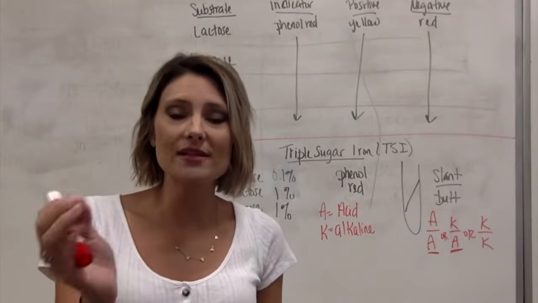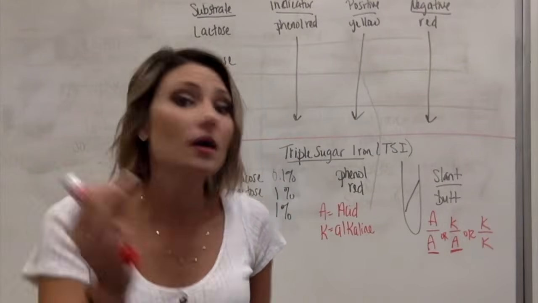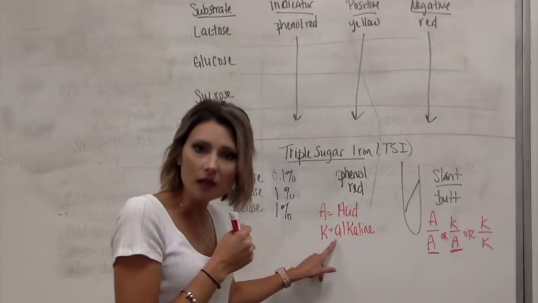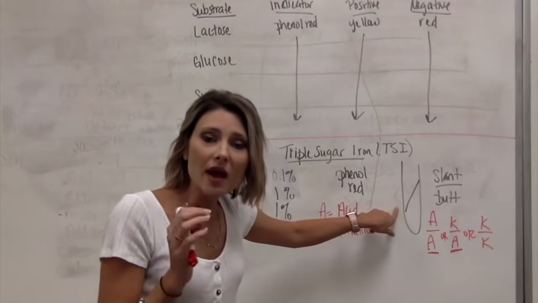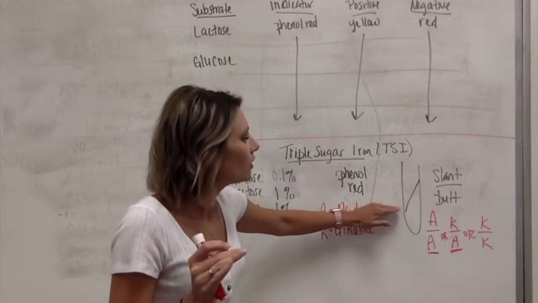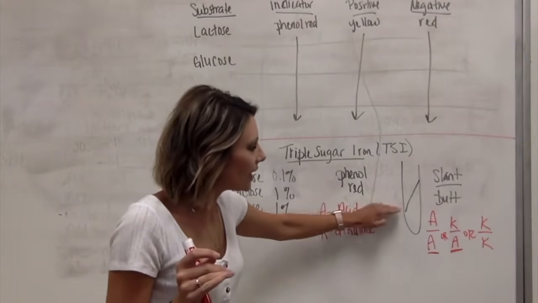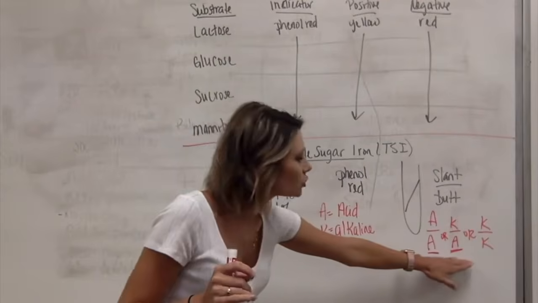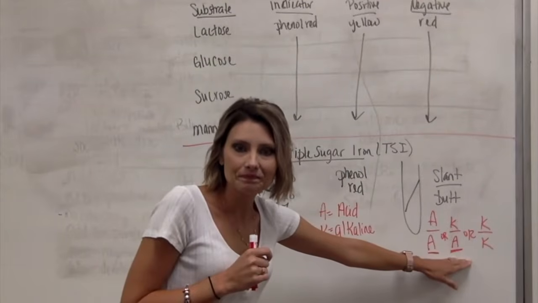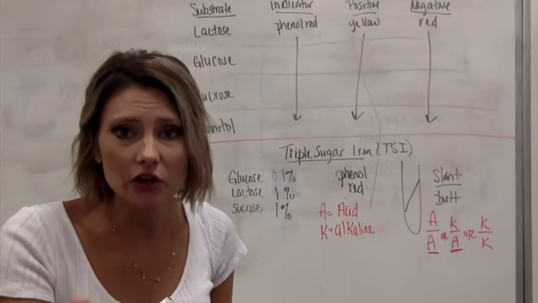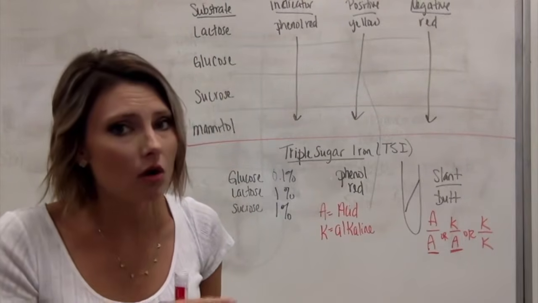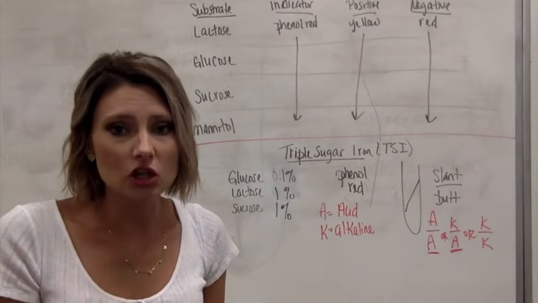So you're going to get those basic or neutral end products. Another word for that is alkaline. So a red reaction, you would have to put a K there. So you get a red slant and a yellow butt. Your answer is going to be K over A. So what that means is that some fermentation occurred. Because if the tube turned yellow at all, it's yellow because fermentation occurred.